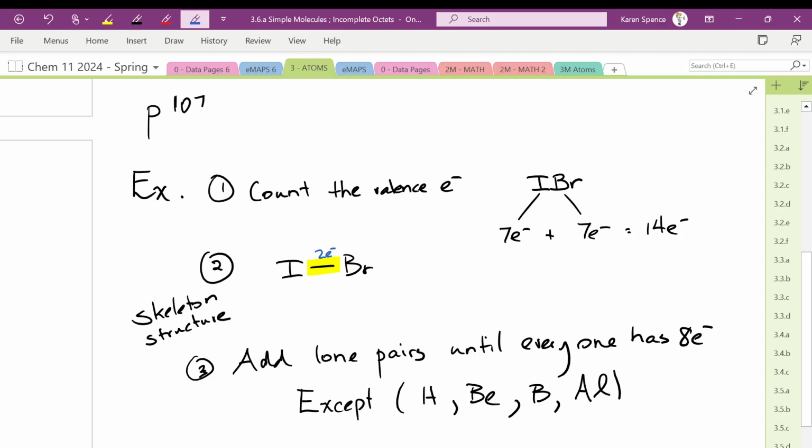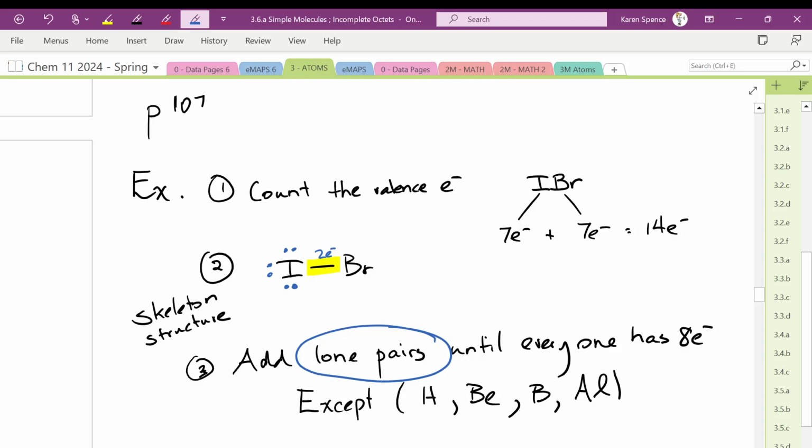It wants to have 8. So we are going to add lone pairs, and we can add one to the top, one to the bottom, and one to the side. And now how many electrons does iodine have? 8.